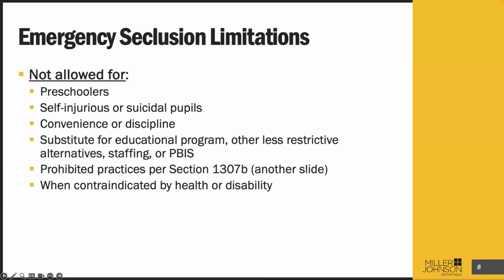We know that we've looked at the prohibited practices already, and we certainly can't seclude when it's contraindicated by health or disability of a student. And so you see when we talked about only allowed in emergency situations with significant limitations, these are the limitations that we're discussing.